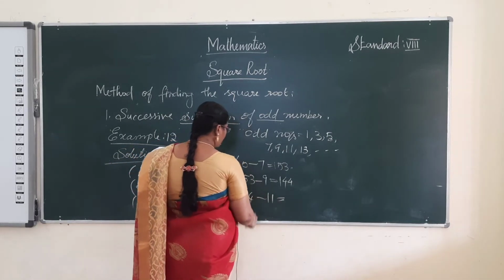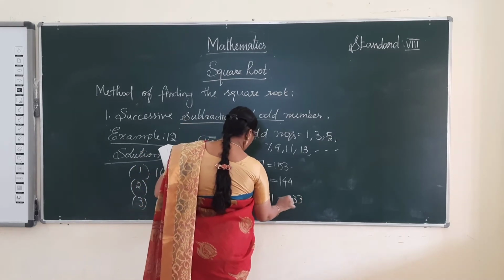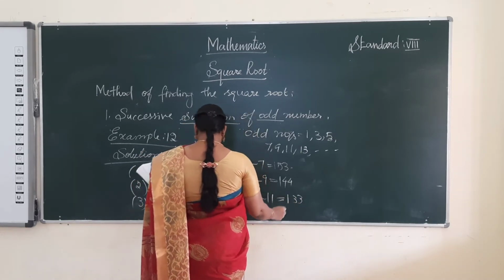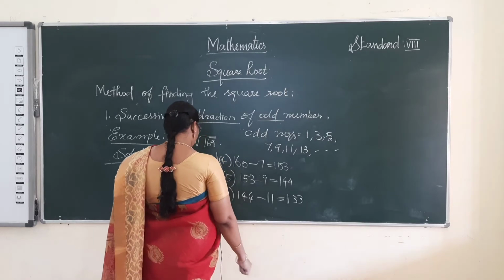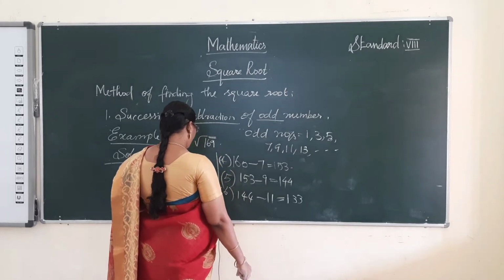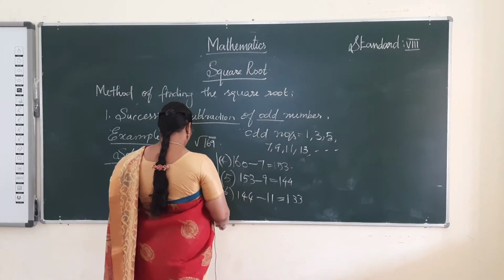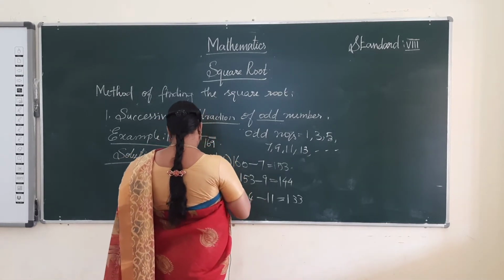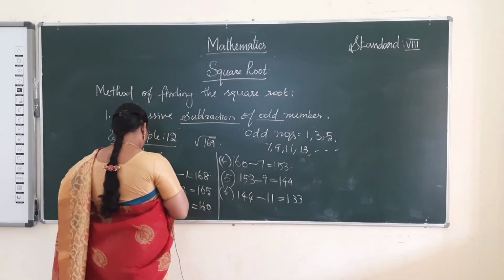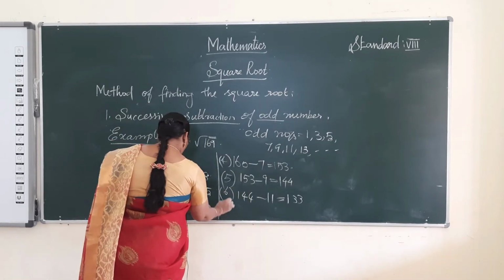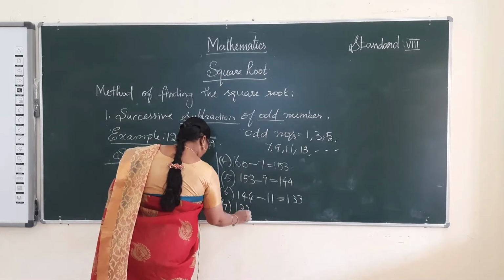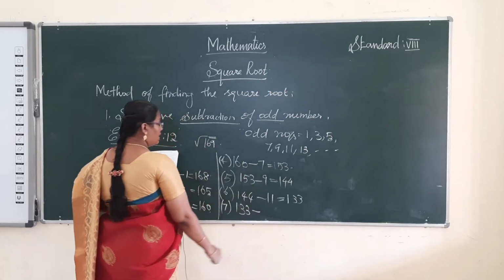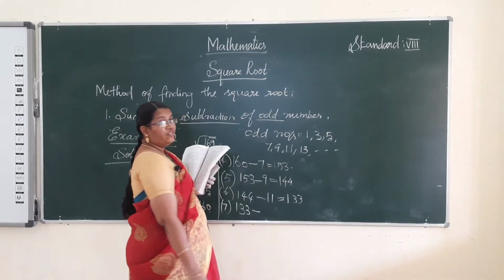What do we get? 133. And the next one, 133 minus the next odd number.